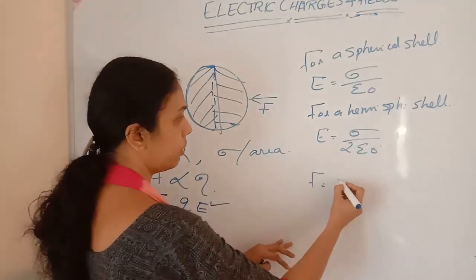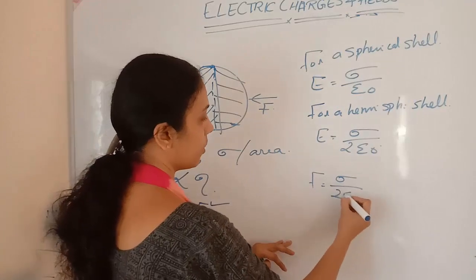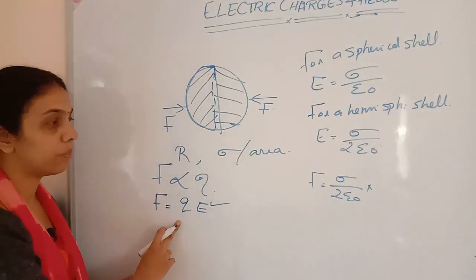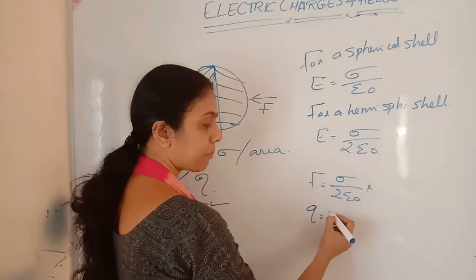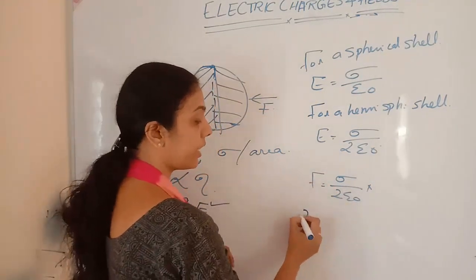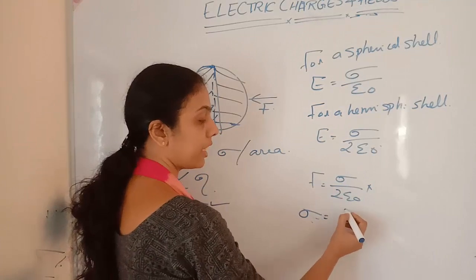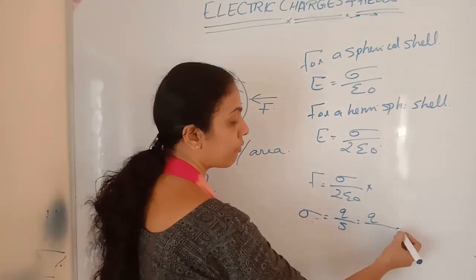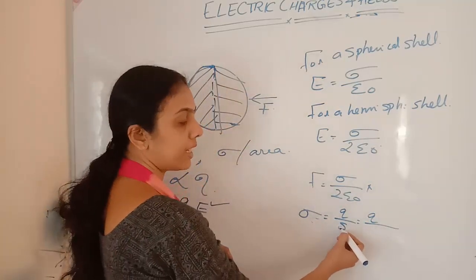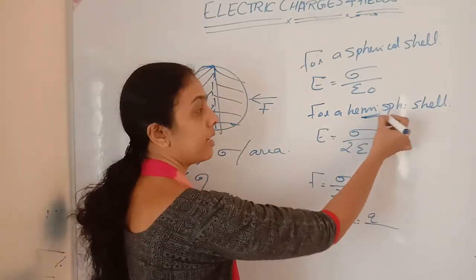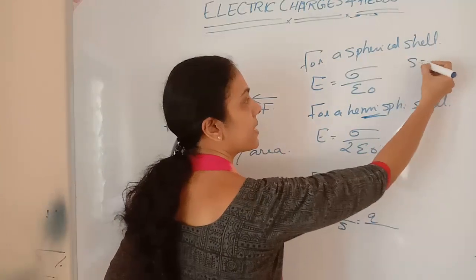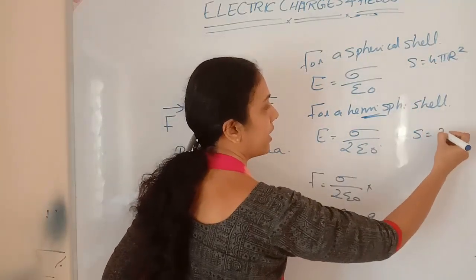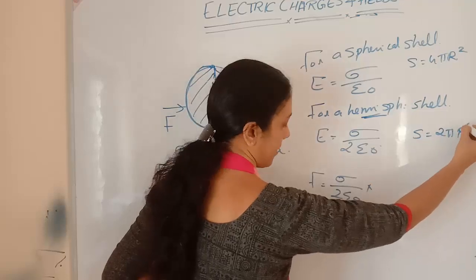Then what will be F? F is equal to sigma by 2 epsilon 0 into Q. What is Q here? Before that we can write the equation for sigma: sigma equals Q by S. For a spherical shell, S is equal to 4 pi r square. For a hemispherical shell, S will be 2 pi r square, right?